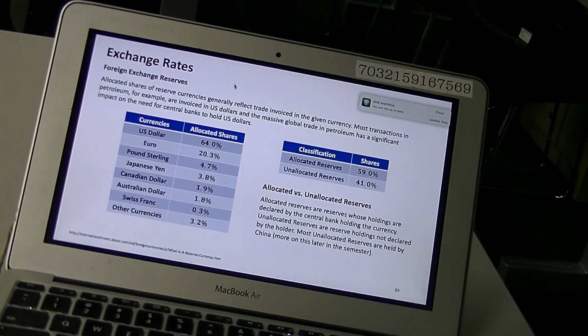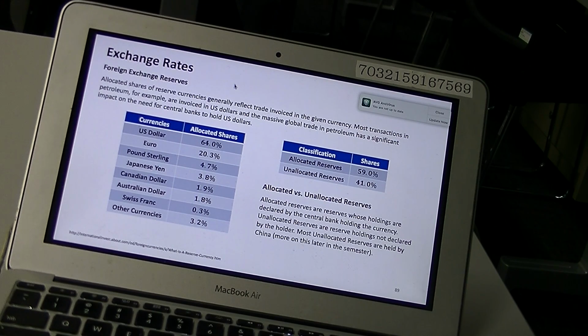Other currencies are less important. There's also what are called unallocated reserves, and that's 41%. Only 59% are these allocated shares. What that means is the government holding those doesn't tell you what currencies they're holding. Most of that's China.